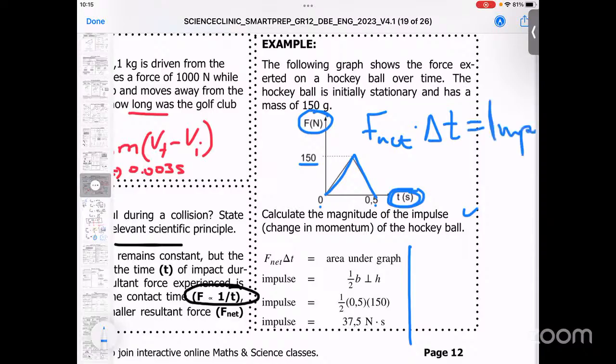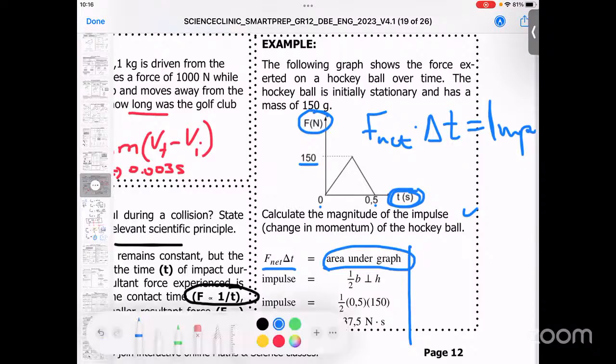But this one is calculated differently, because it's in the form of a graph. You will therefore say this impulse is equal to the area under the graph. So all you need to do is calculate the area of that graph.